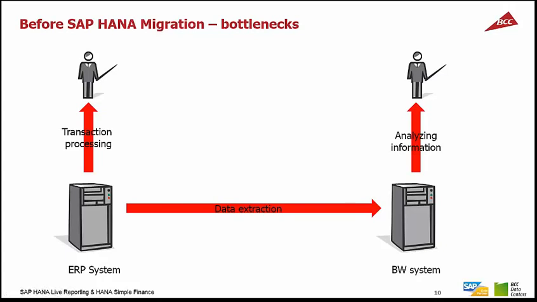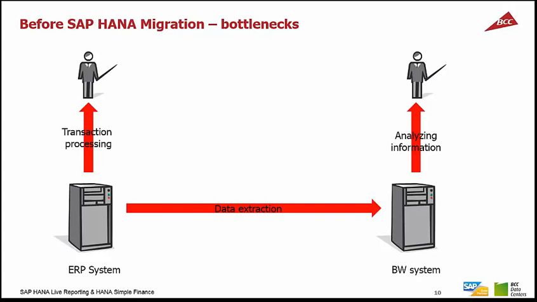It's usually once during the night or sometimes several times a day, but it's not real time. And sometimes we have problems even with calling the reports in the BW system, especially for large data sets. Users wait several minutes for their reports to be ready. What can we do about it?